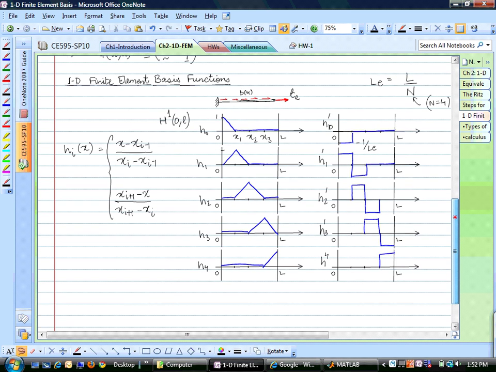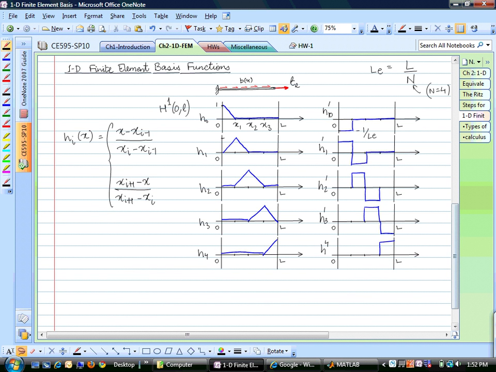And then similarly, if you try to write out the derivatives, those derivatives, h prime, can be written as minus 1 over LE in the first half, and plus 1 over LE in the second half.